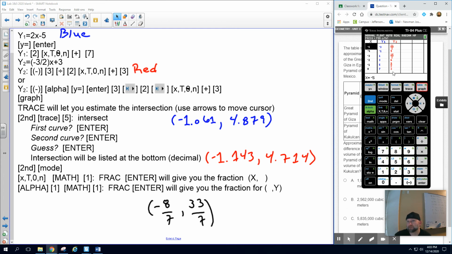So there's times when you can scroll along here and see where the Y1 value or the Y2 value is, and we can go from, looks like -1 or -2 to 1, and we can see that it starts off that Y1 is smaller, and then once we go to 1, we see that Y1 is larger. So we can't really see the intersection from a table, so that's where the graph is really helpful, and also being able to find the exact values from a point.